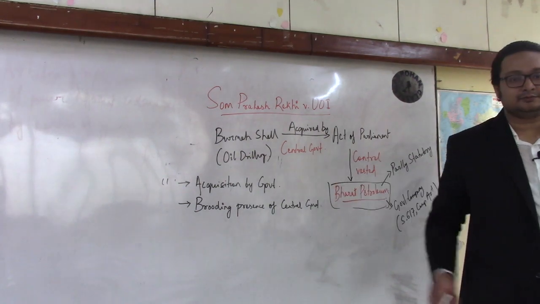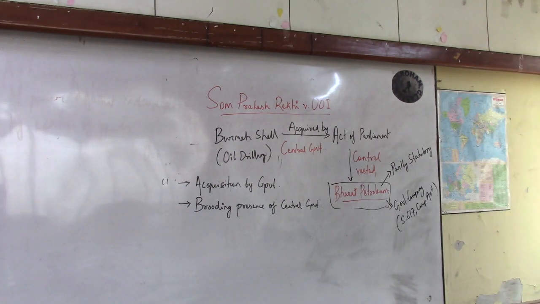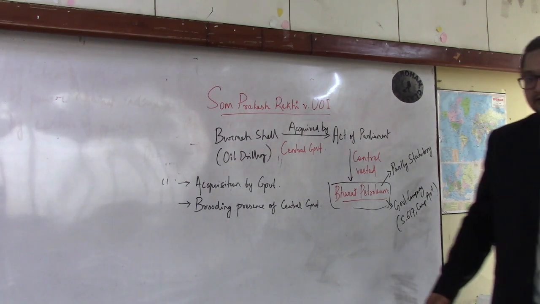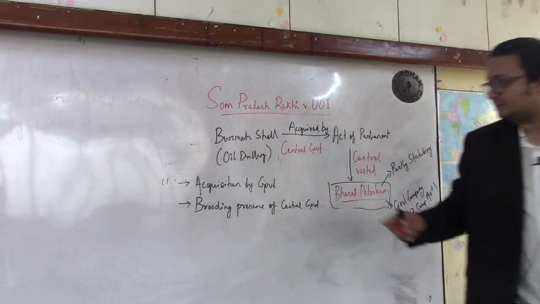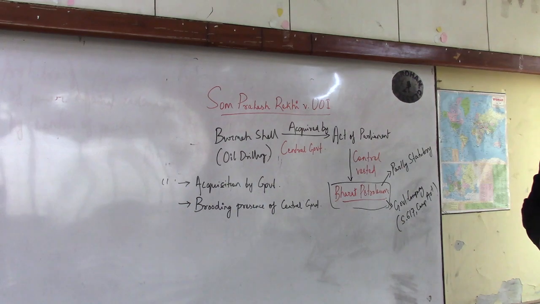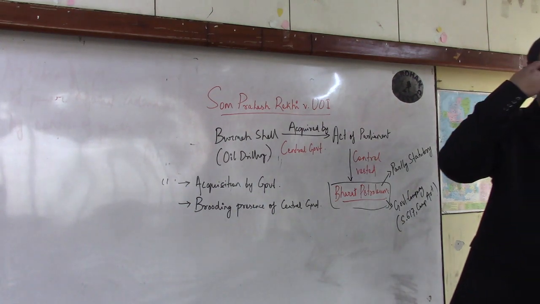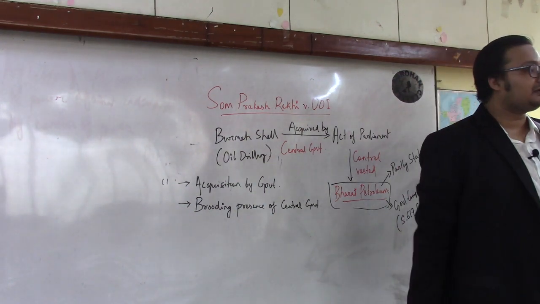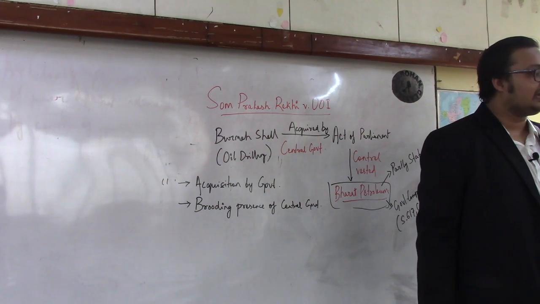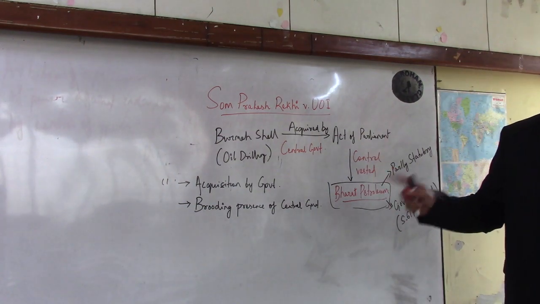Is this visible? So second point, the second point is brooding presence of central government. What do you mean by brooding presence? An amount of extensive control.